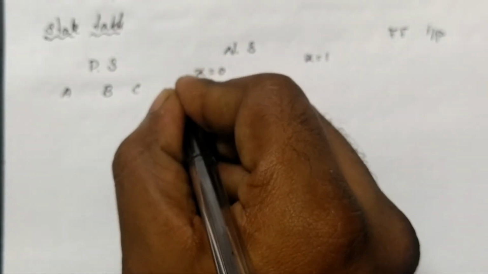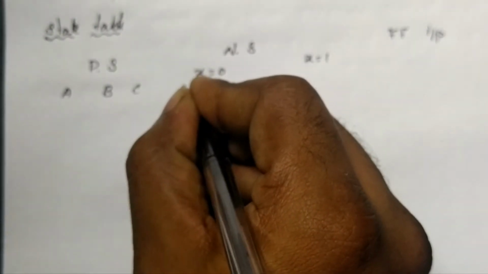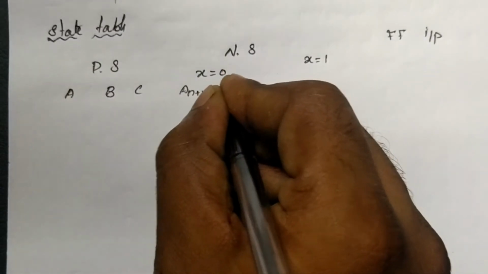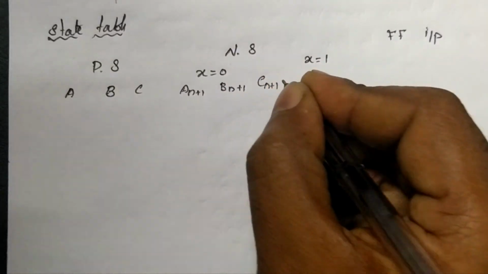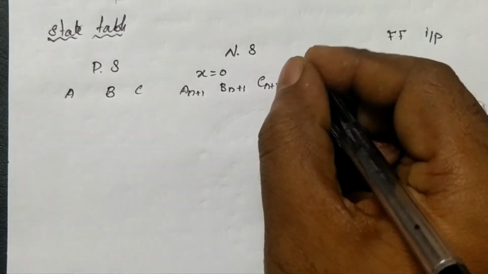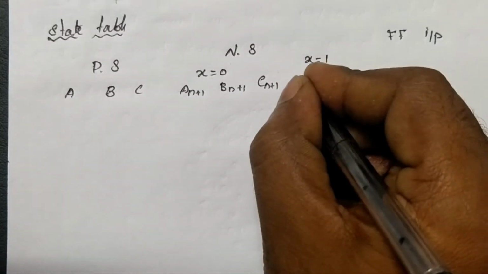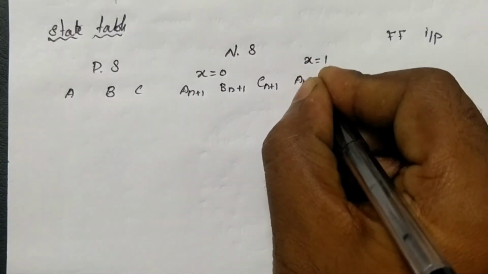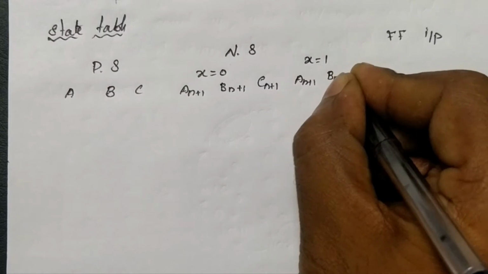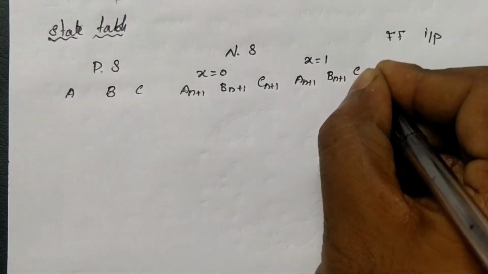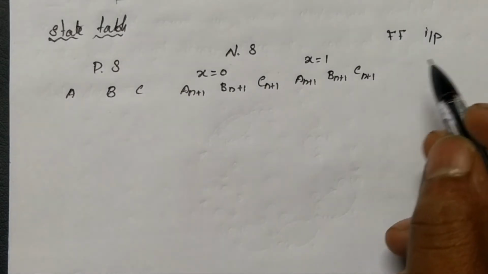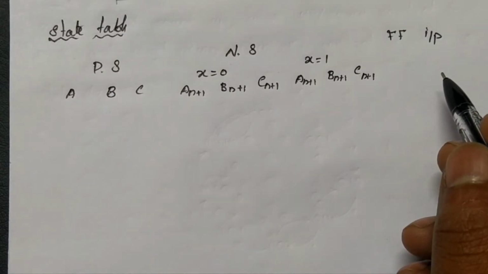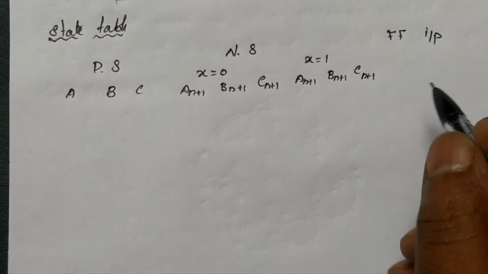Therefore the next states are, for X is equal to 0, An plus 1, Bn plus 1 and Cn plus 1. Likewise for X is equal to 1 also, An plus 1, Bn plus 1, Cn plus 1.